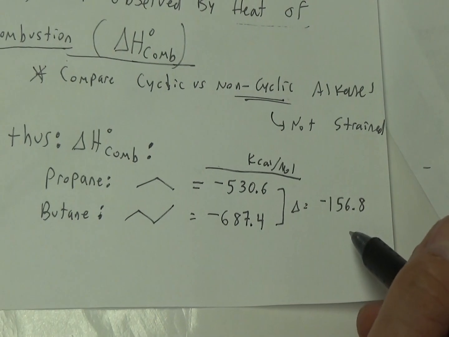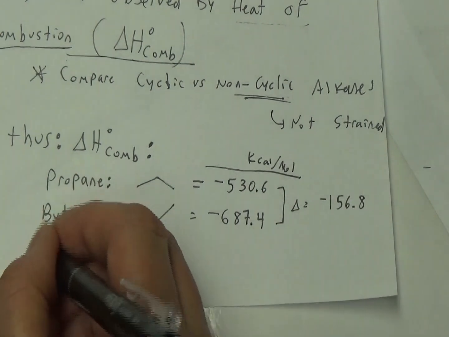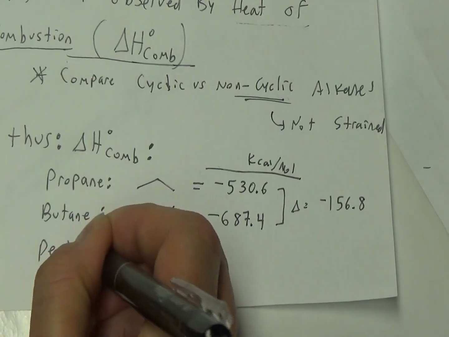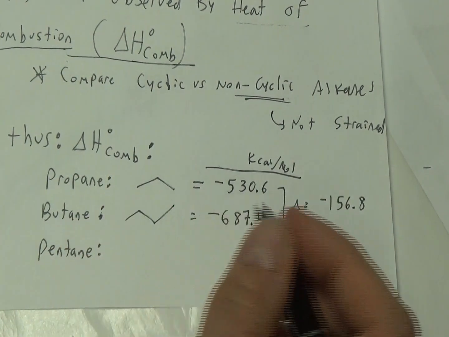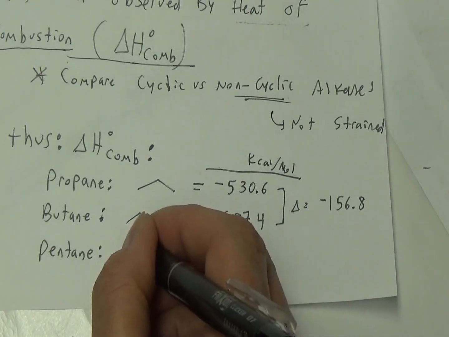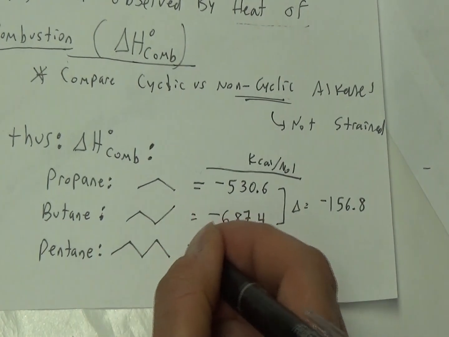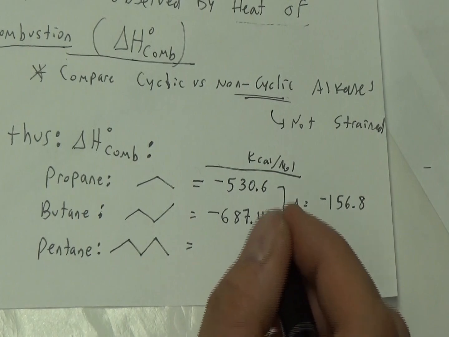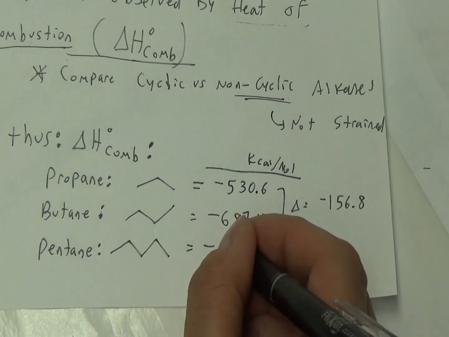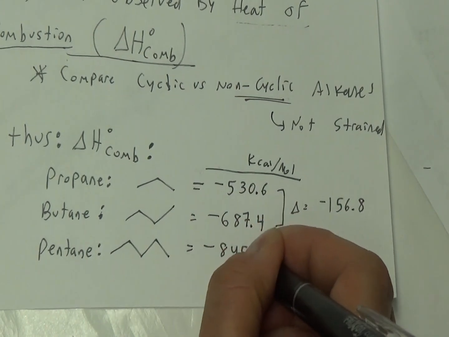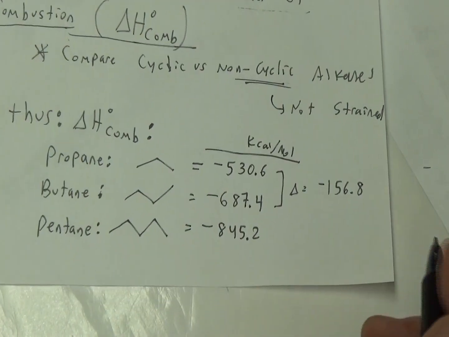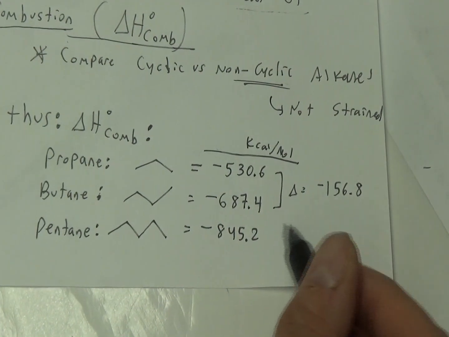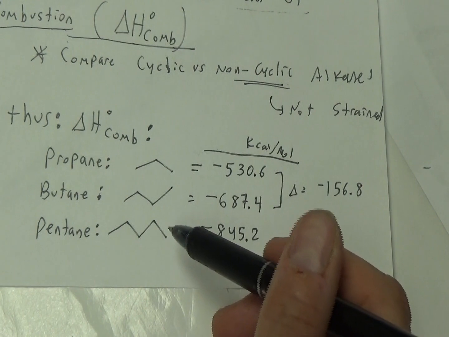Okay, and if we do pentane, how many carbons are in pentane? It's 1, 2, 3, 4, 5. It's about negative 845.2. So it seems like every time you add a CH2, there's energy in these bonds, right?